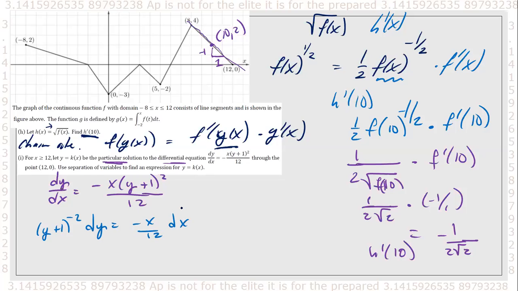From there, to get rid of this dy dx, you're going to have to integrate this. So let's go ahead and see that. You pretty much have to find that integral.